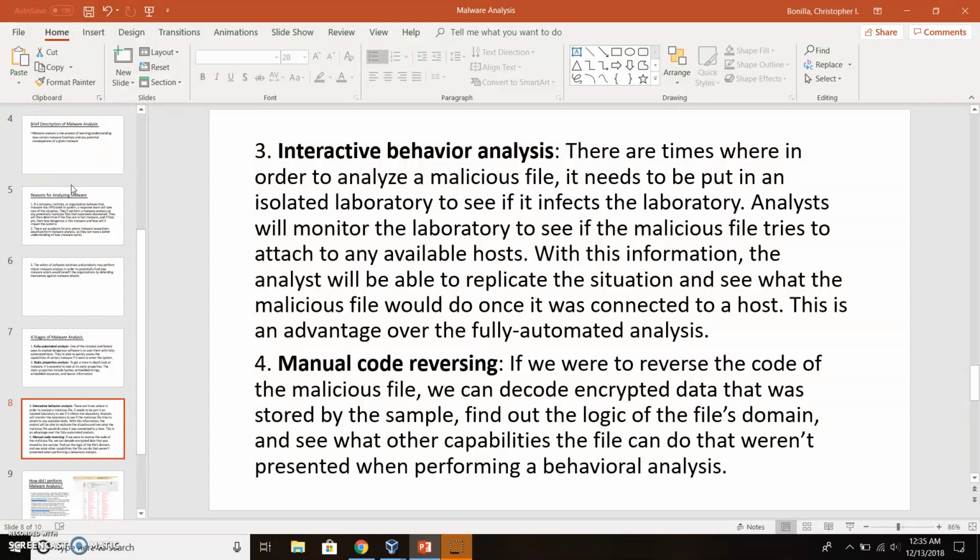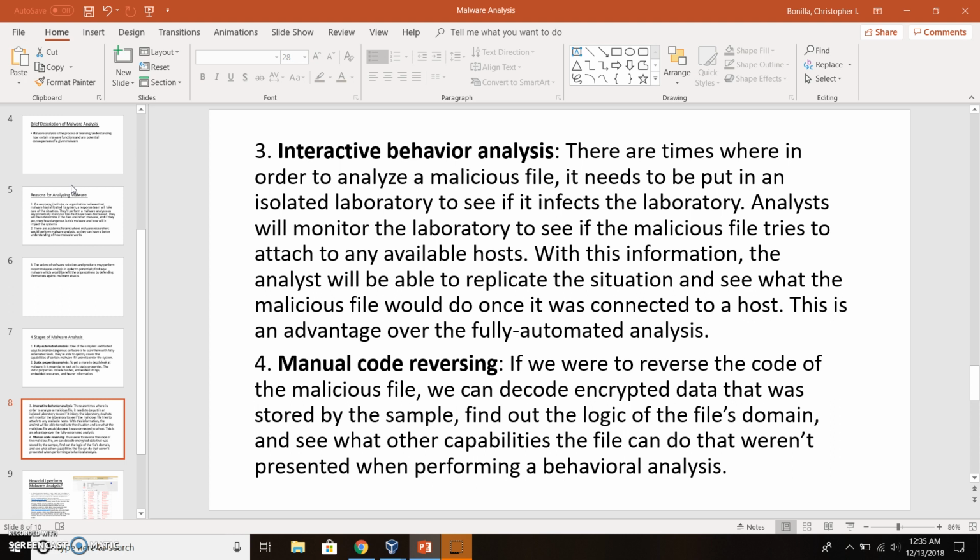With this information, the analyst will be able to replicate the situation and see what the malicious file would do once it was connected to a host. This is an advantage over the fully automated analysis.